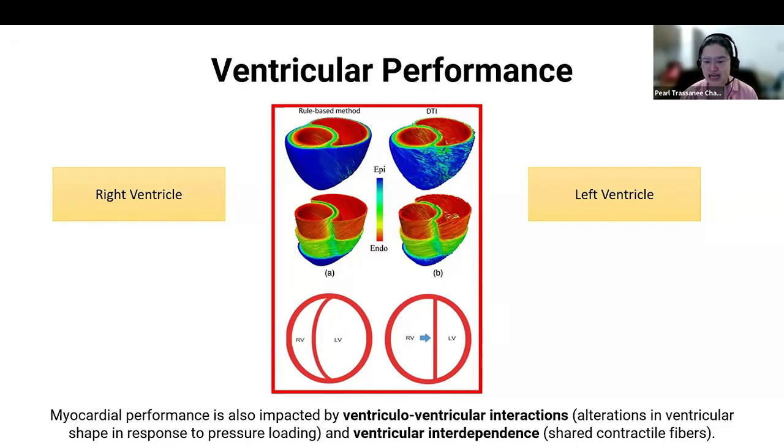As illustrated at the bottom of the slide, the left ventricle changes from its normal circular shape into a more compressed configuration. This septal shift reduces left ventricular filling and can decrease systemic output, even when left ventricular contractility itself is normal.